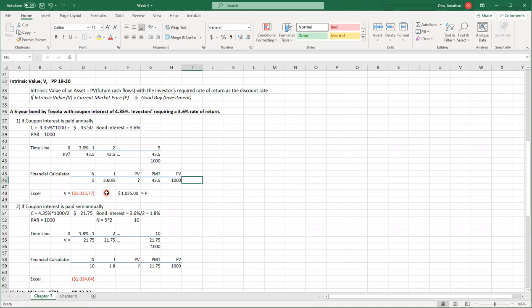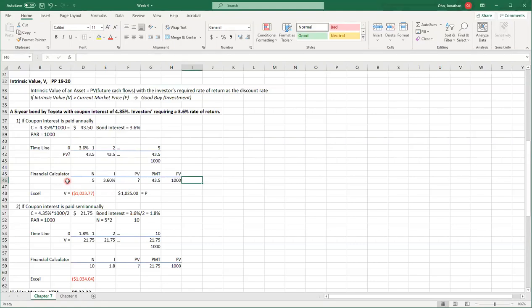Okay? Somehow, temporarily, this bond is priced below the benchmark, below the theoretical value. But since the market is efficient, this price is likely to go up toward $1,033.77 in the near future.